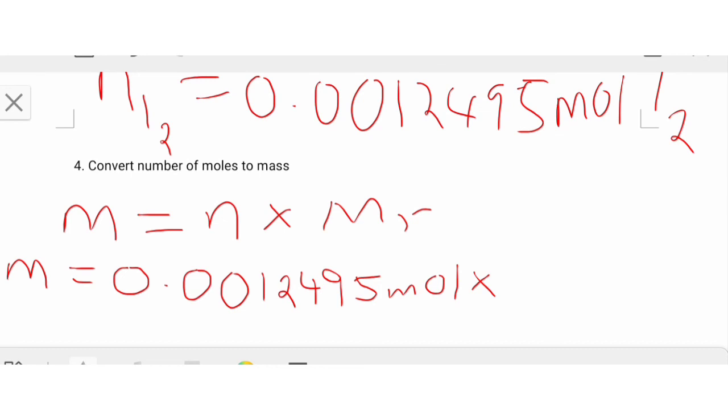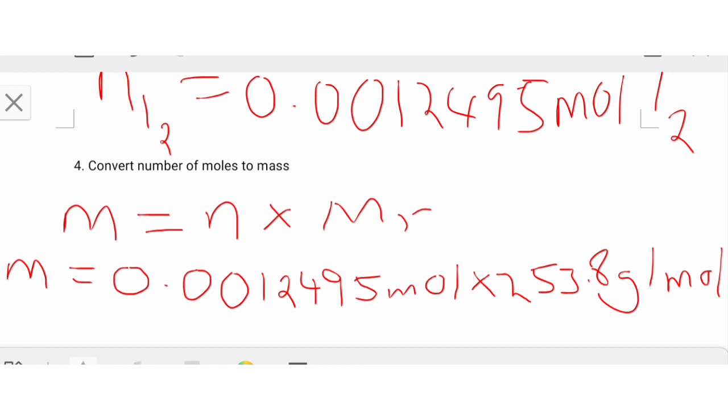The number of moles is 0.0012495 moles. For the molar mass, we have 2 iodine atoms. The atomic mass of iodine is 126.9. You multiply that by 2, and that will give you 253.8 grams per mole. That is the molar mass of the iodine molecule.